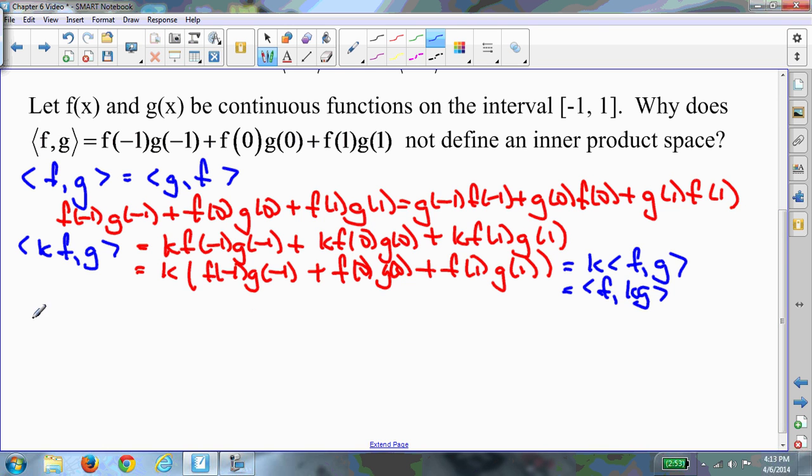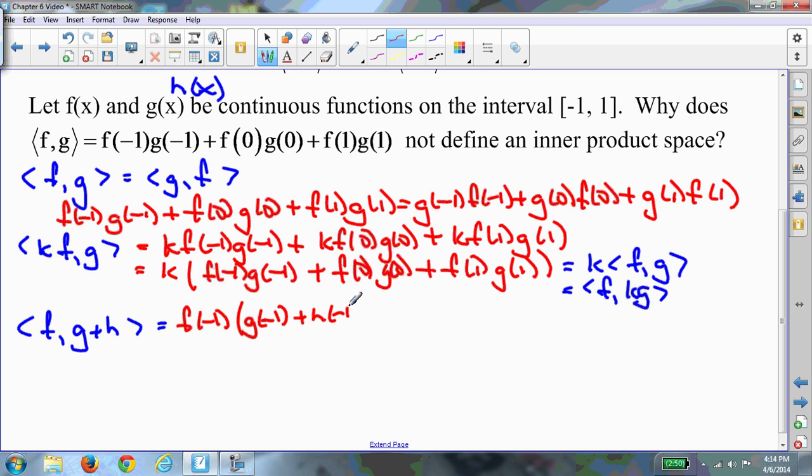Now let's check the distributive one. So that would be <f, g + h>, if I had an h as another continuous function. So this would equal f(-1)[g(-1) + h(-1)] + f(0)[g(0) + h(0)] + f(1)[g(1) + h(1)].